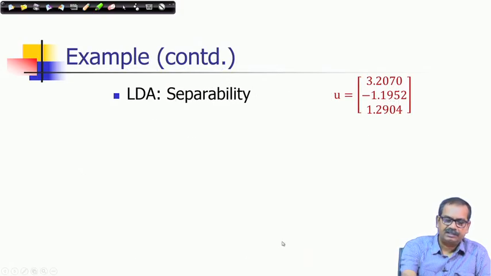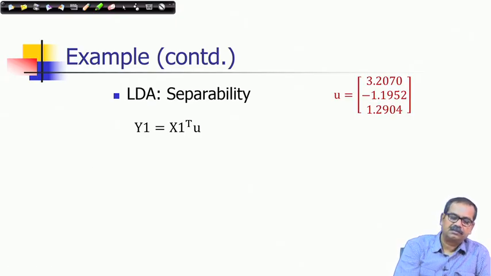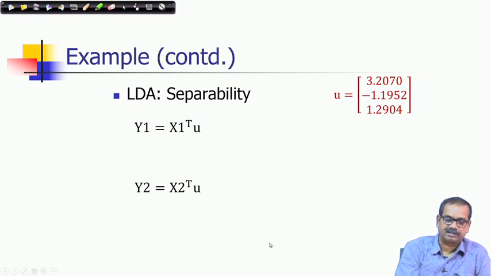To study the separability, you take y1 as x1 transpose u. So you are taking the projections of all data points in x1 with respect to u, and we can perform all these operations simultaneously using matrix multiplication. Similarly, you consider the projections of all data points of x2 with respect to u.